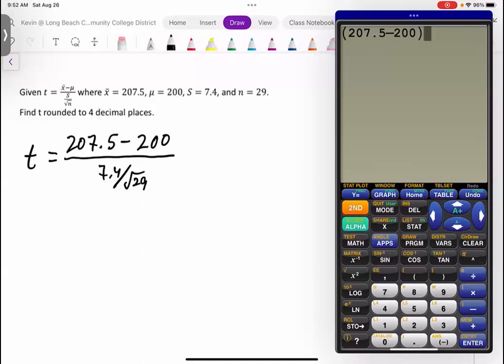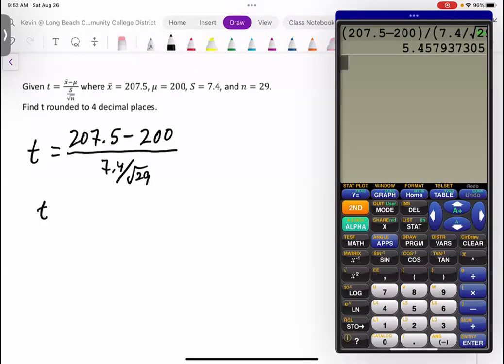Close your parenthesis, divided by parenthesis, 7.4 divided by the square root of 29. And that's giving me, and again, it says to round it to 4 decimal places.